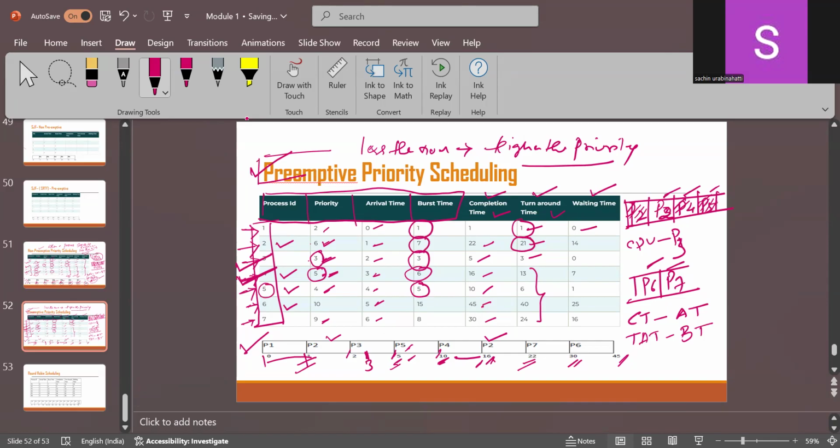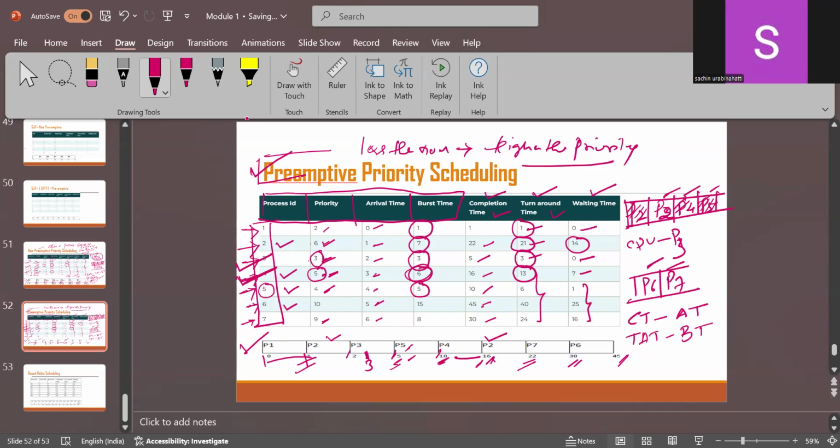So 21 minus 7 is how much? It is 14. Correct. For P3, the turnaround time is 3, and 3 minus burst time 3 is 0. The turnaround time of P4 is 13. The burst time of P4 is 6. So 13 minus 6 is 7. Similarly, calculate the waiting time for the rest.